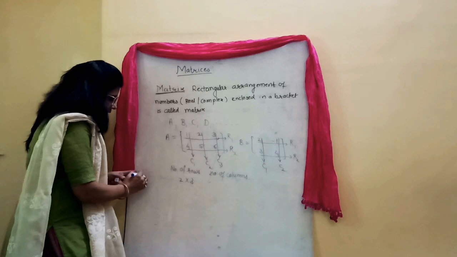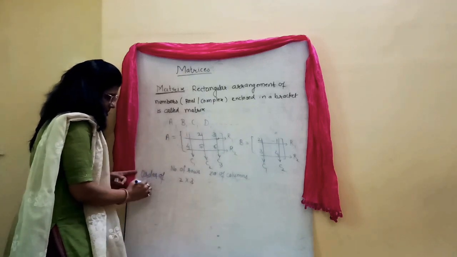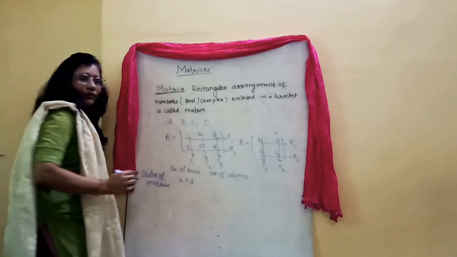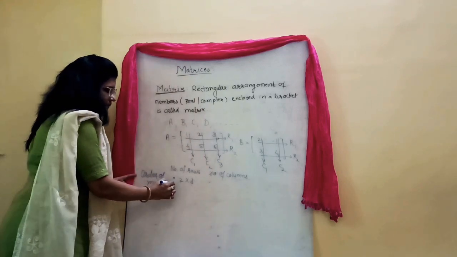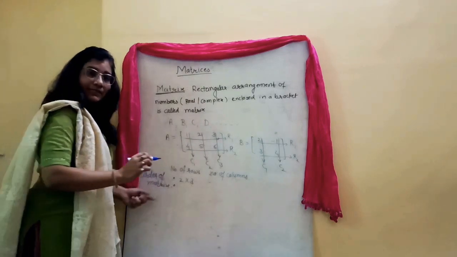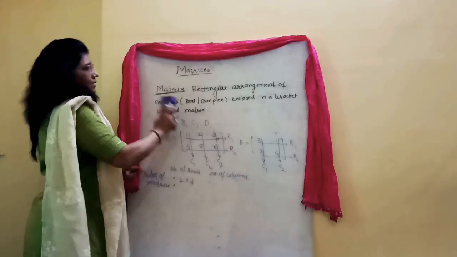This is called the order of a matrix. The order of a matrix is denoted by m by n. So, what is the order of a matrix?